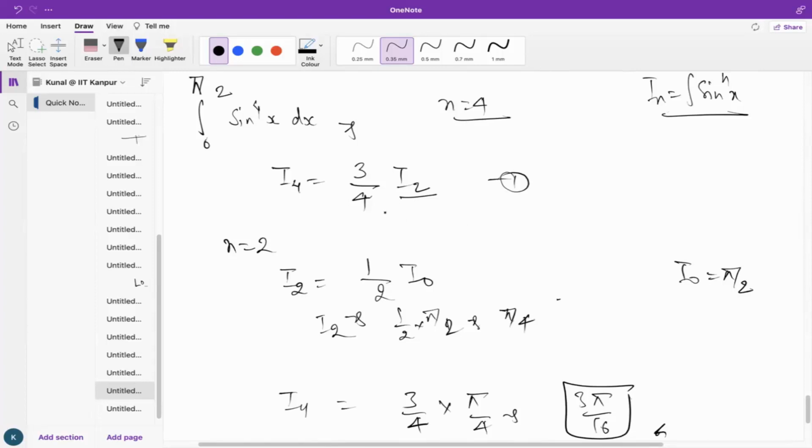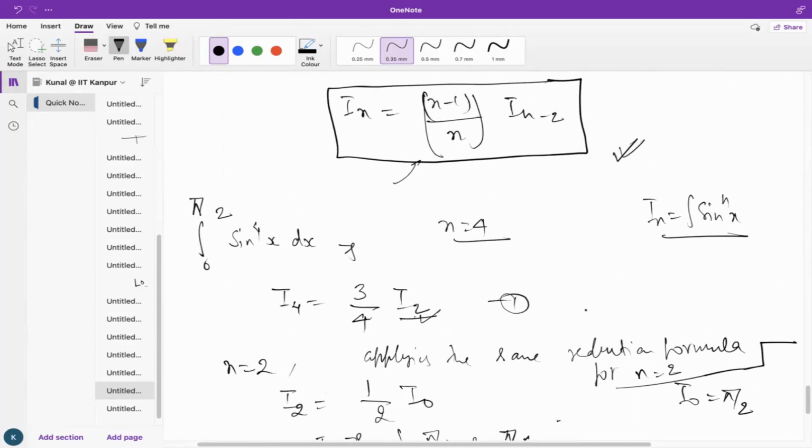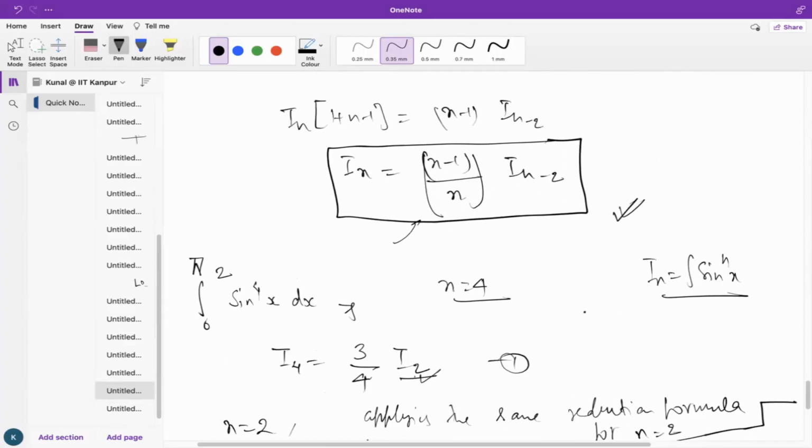I applied it for n value 4 and then we get the I2 term. Again, I apply the same reduction formula for n equal to 2. I hope you all understand what I'm trying to say.